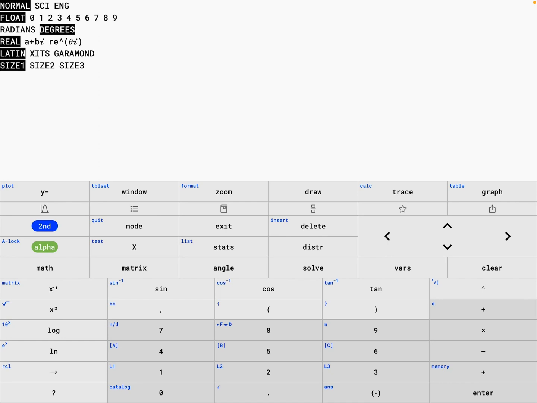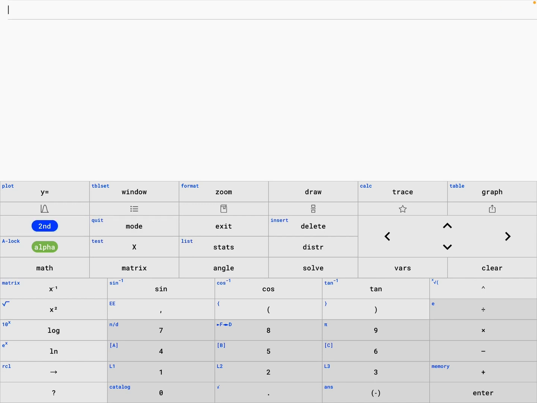But basically for now, make sure you understand that you are in the angle measurement of degrees and not radians. So I am already in degrees, which is good. If your calculator is set to radian measure, you might get incorrect answers.